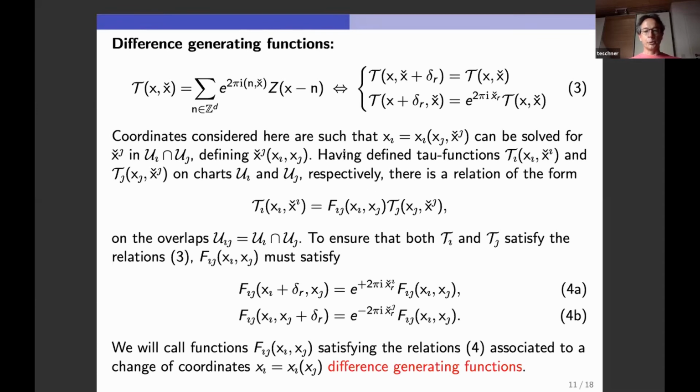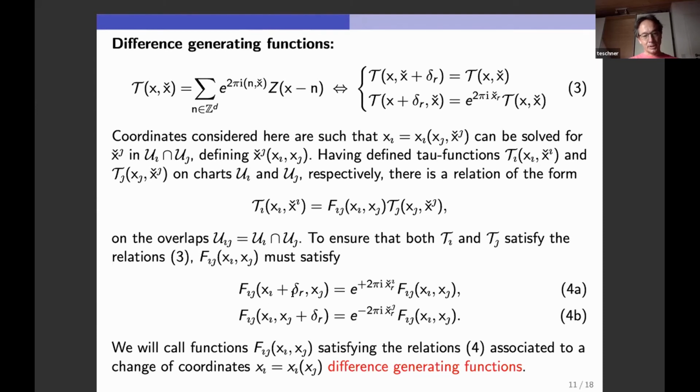Now, the coordinates which we consider here are such that this change of variables can be solved to get the checked in terms of unchecked variables. And then the change of variables on the level of the tau function is given by some function Fij, which, in order to ensure that in both charts i and j we have these properties, that is the possibility of this expansion, or equivalently these difference equations being satisfied, we need shift relations for these transition functions of this form.